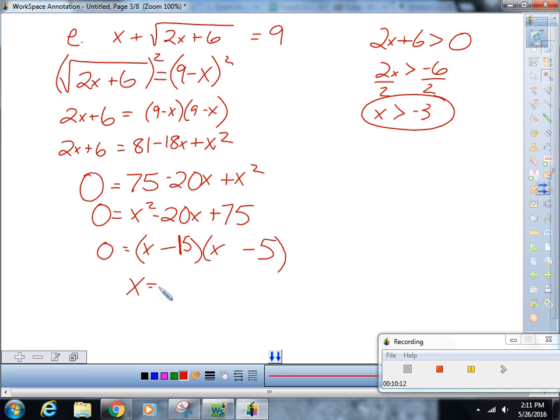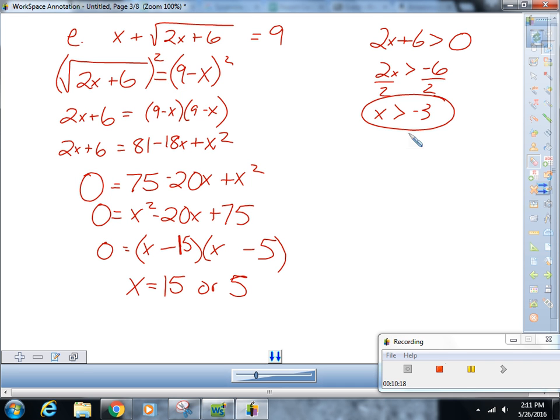So that means x is 15 or 5. Okay, now, when we're dealing with questions like this, both of those satisfy our requirements here, but you're going to want to test your answers, because I can tell you that one of these answers is not correct.